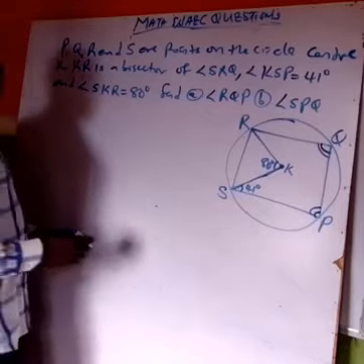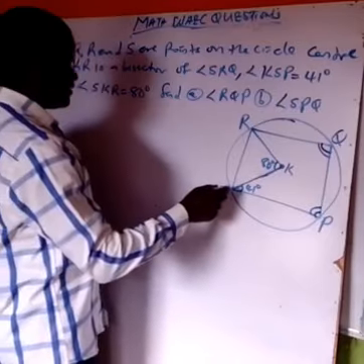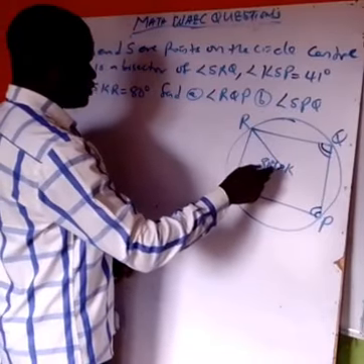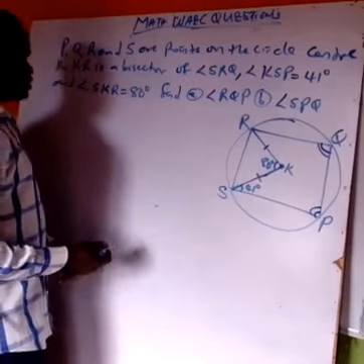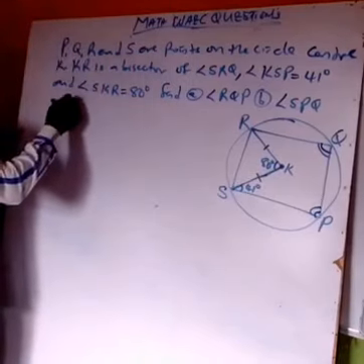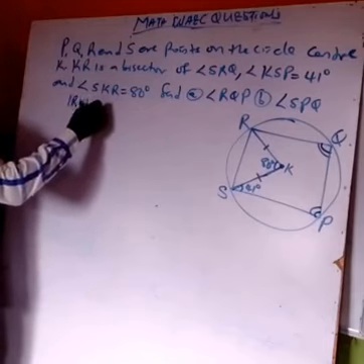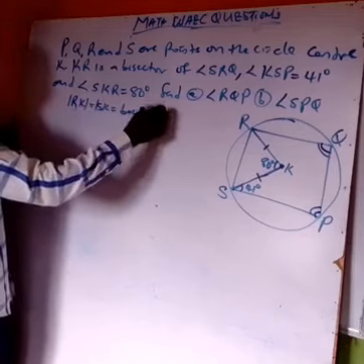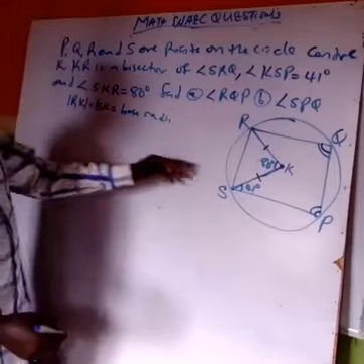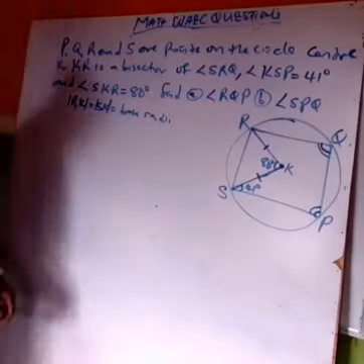One, if this is the center of the circle, and a line comes from this side and another comes from this side, you should know that these two sides are radii. So line RK is equal to line KX, which is base radii.